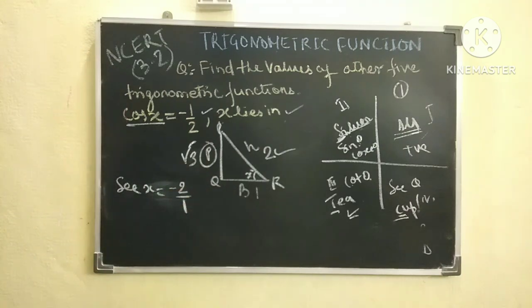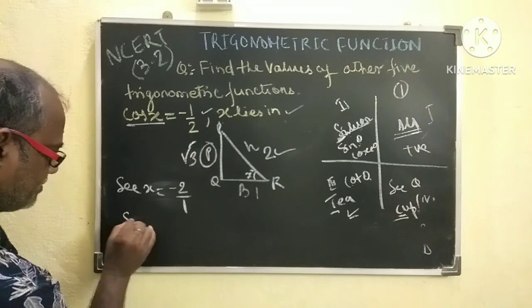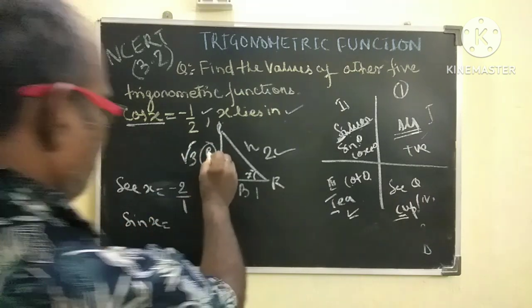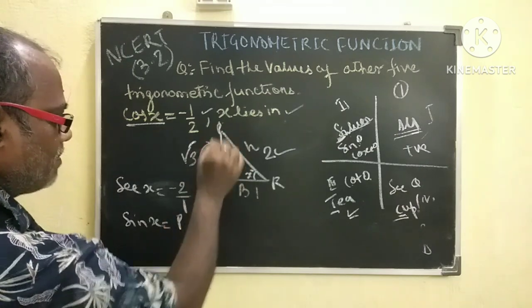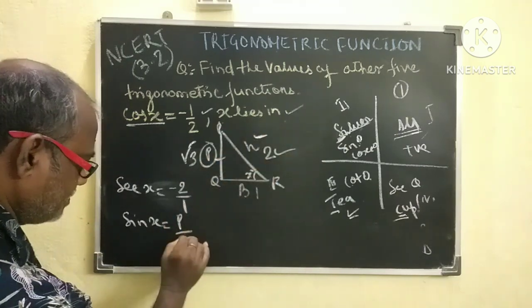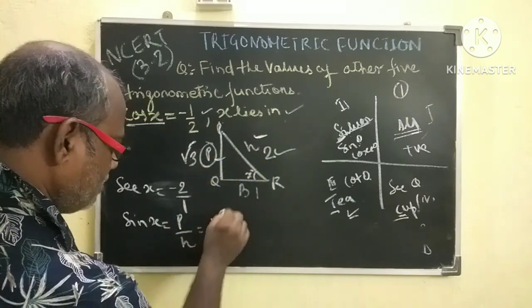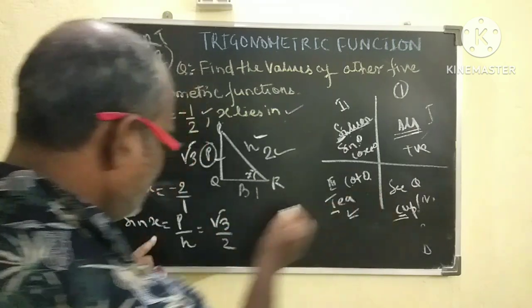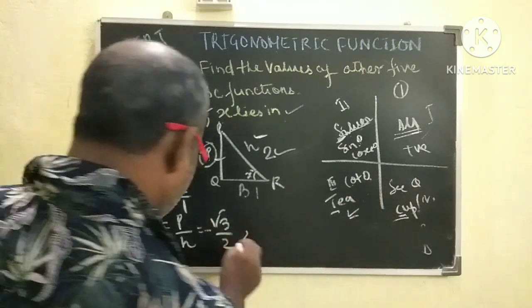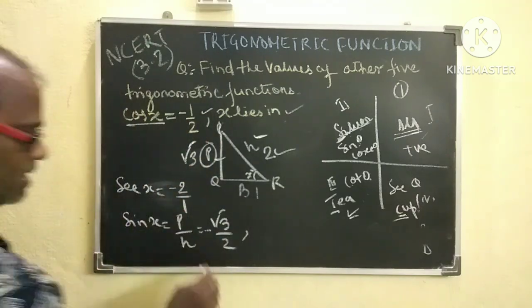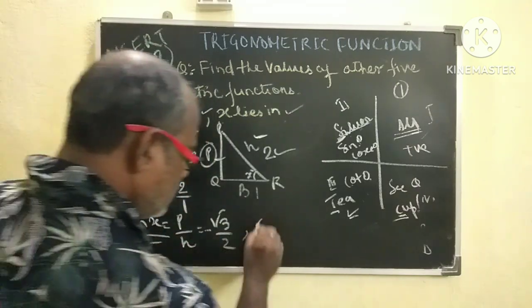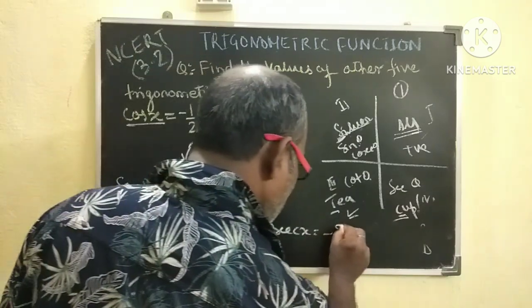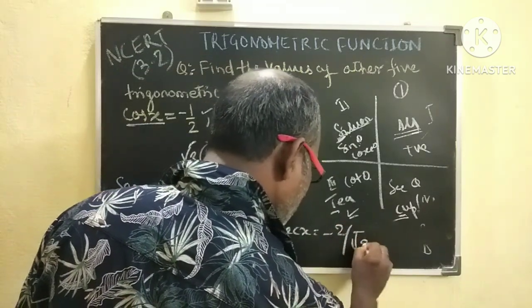Then sin x means perpendicular by hypotenuse, that is root 3 by 2. But sin x also lies in the third quadrant, so it should be negative. The reciprocal of sin x is cosecant x, so cosecant x equals minus 2 by root 3.